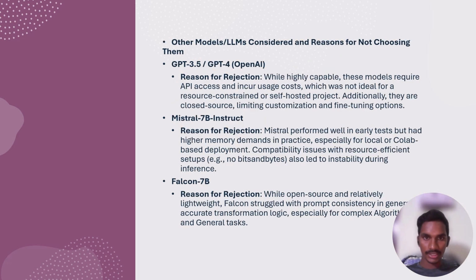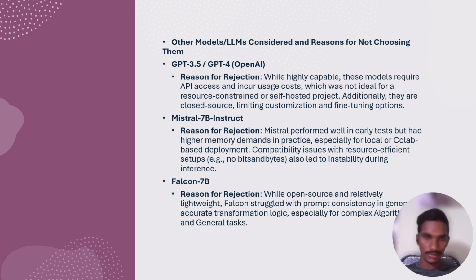GPT 3.5 and GPT-4 from OpenAI were rejected because they are not free. They are paid versions, so we didn't choose them. Mistral 7B Instruct takes a large amount of time and more information, and sometimes it won't give the appropriate result. The same applies to Falcon 7B. It also does things the same as Mistral 7B.